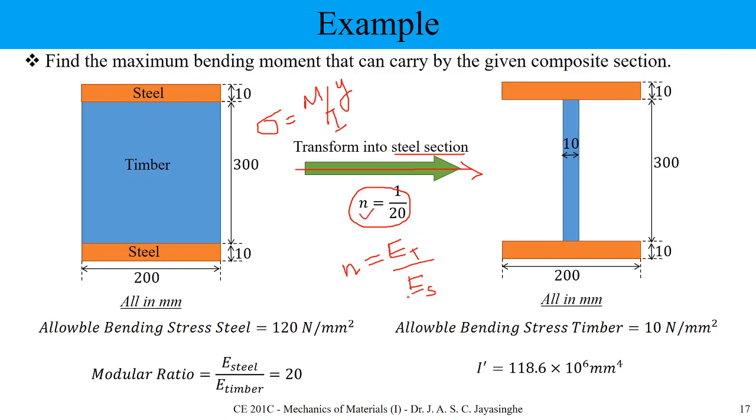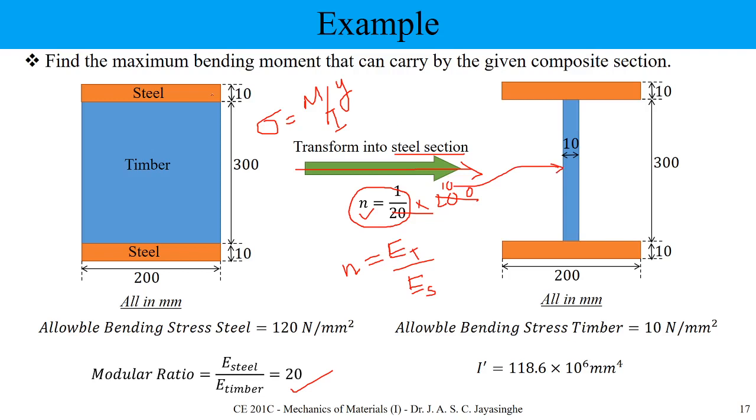Steel to timber is this way, we are using the other way, 1 to 20, and you simply need to multiply the width. Here 200 into 1 to 20 gives 10. So that's the thickness in here.